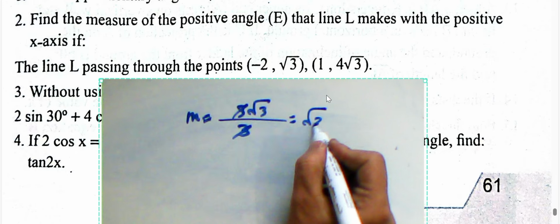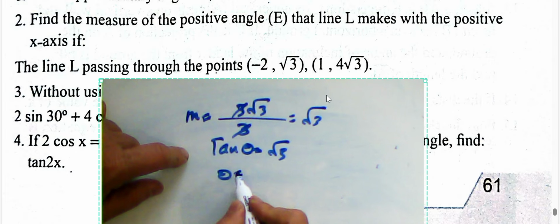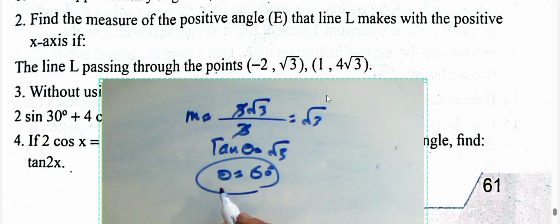Then the slope is root 3, so tan theta equals root 3. The measure of angle theta equals 60 degrees, using the calculator, shift tan root 3.